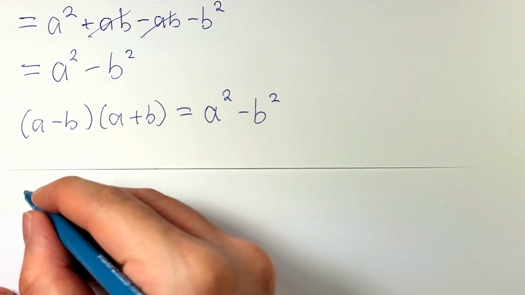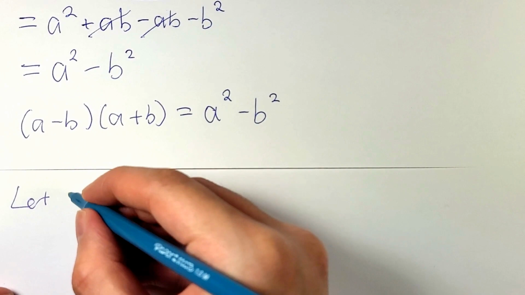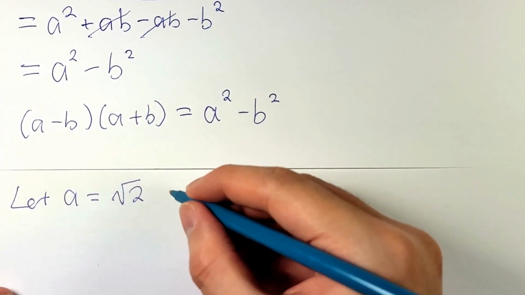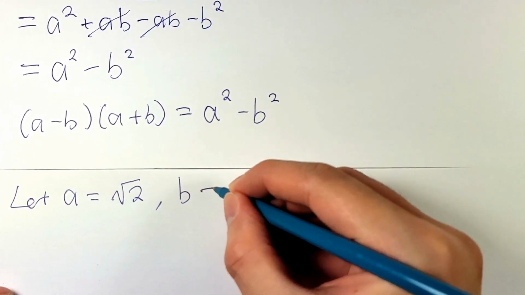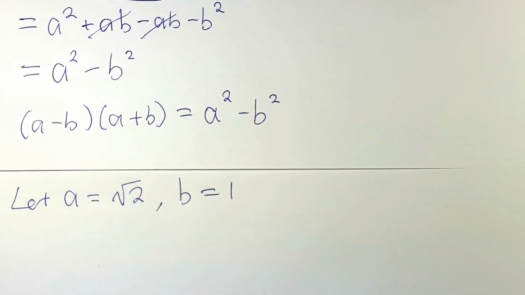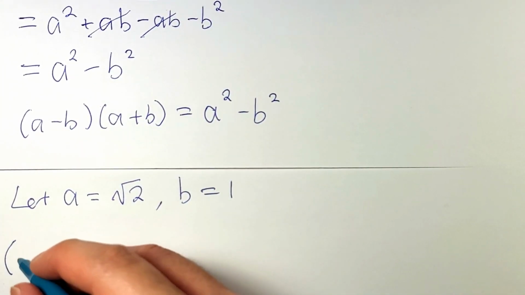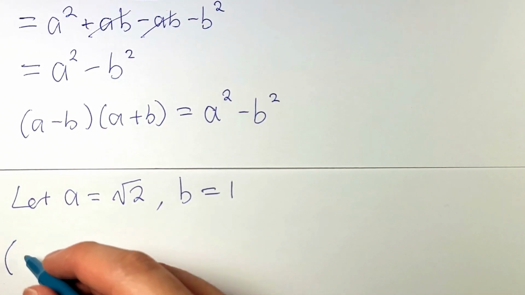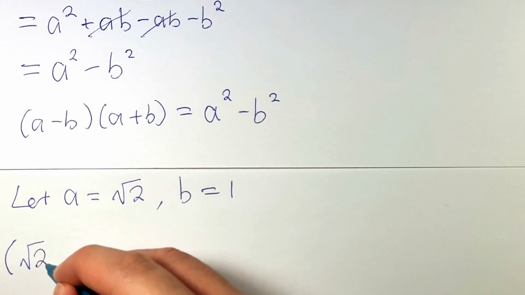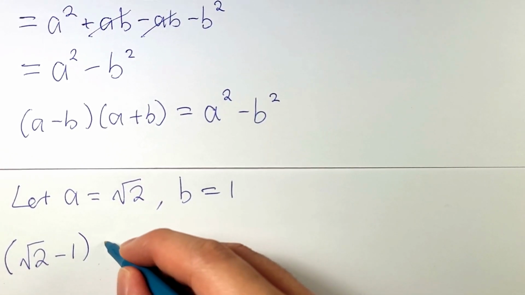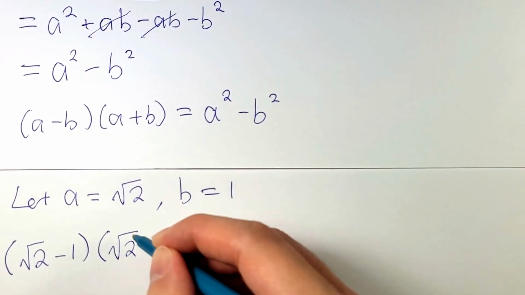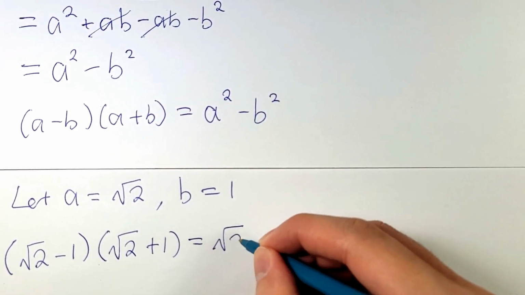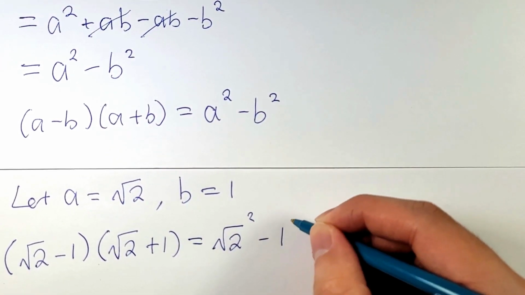I'm going to let a equal the square root of 2, and I'm going to let b equal 1. So making these substitutions, I get this. Square root of 2 minus 1 times square root of 2 plus 1 equals square root of 2 squared minus 1 squared.